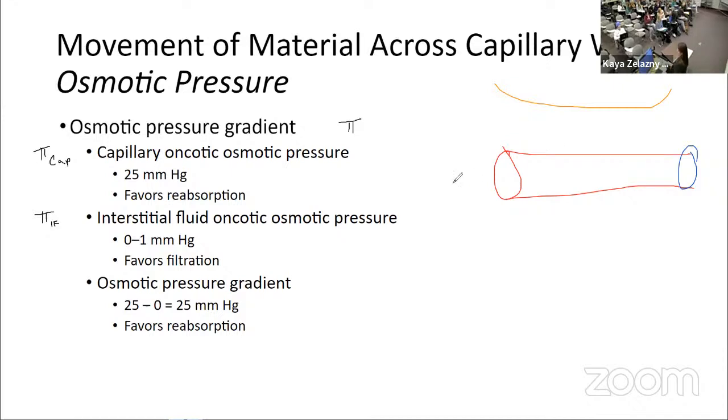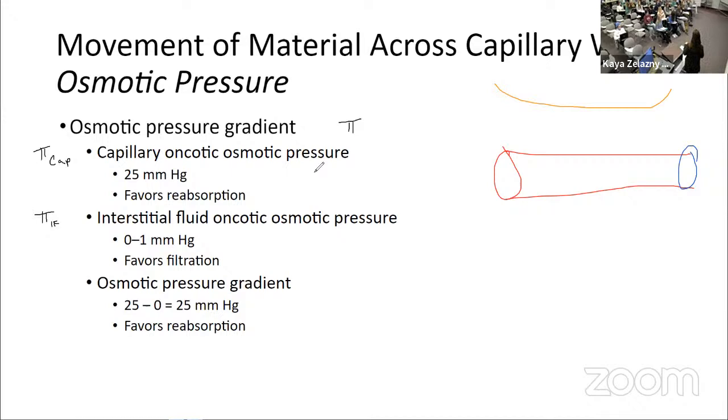Okay. So when we're thinking about the capillary oncotic osmotic pressure, I'm going to be drawing solutes, so little dots, for both of these. So anybody want to tell me where I am going to be drawing little dots right now when we're thinking about the capillary oncotic osmotic pressure? I'm about to draw for you. So we're saying that the capillary has a pressure, which is going to be a pull based on proteins.